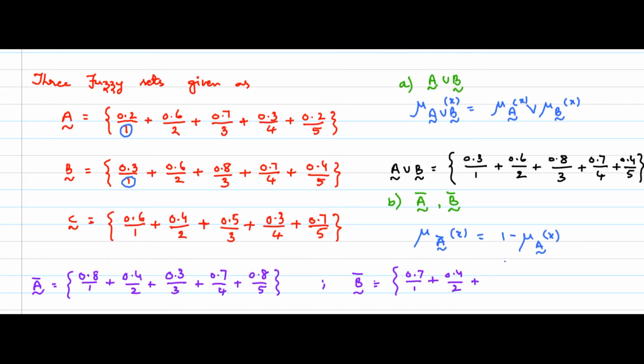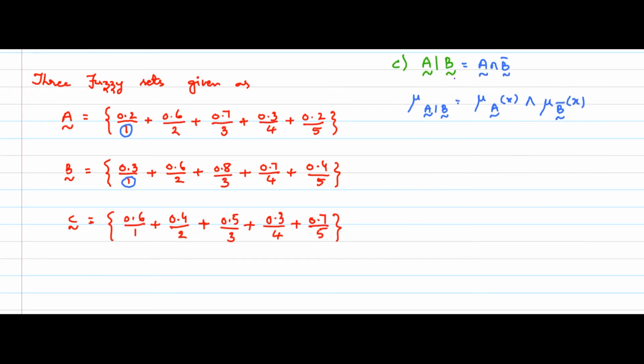Plus 1 minus 0.8 is 0.2, 1 minus 0.7 is 0.3, and 1 minus 0.4 is 0.6 by 5. That's all. So these are A bar and B bar. This is the solution for the second bit, A bar and B bar. Let's move on to the other problems.